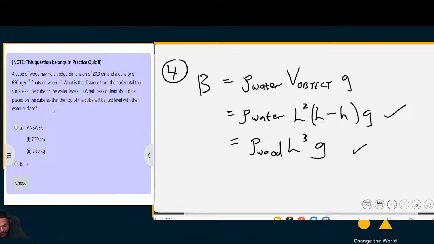Now if we make h the subject of the formula, you can do this by yourself, you get that h is L minus L times the density of the wood block over the density of water.